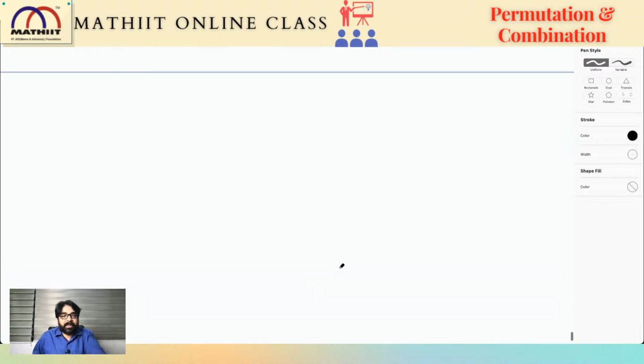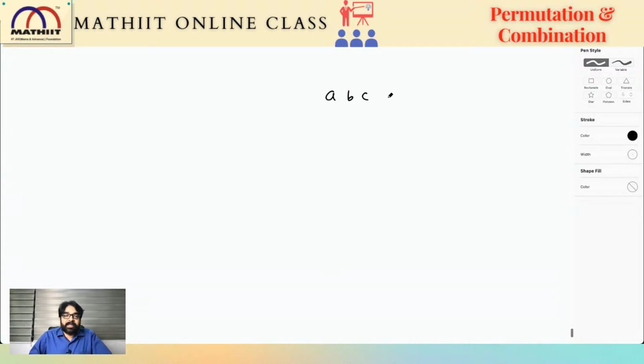Let me explain by some example, because with n and r you will get confused. Suppose I say A, B, C, D, E, F. There are 6 objects. I want to select 3 objects. Please listen carefully. Only one point you have to understand. Select 3 objects. That means I want 3x. Object means x.